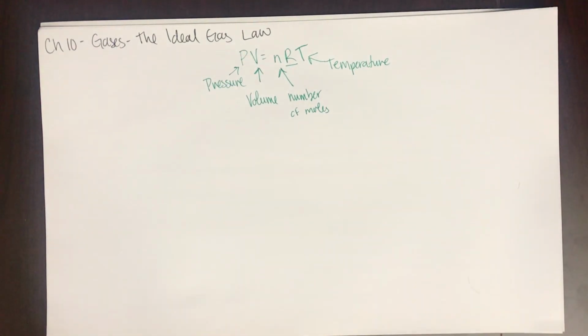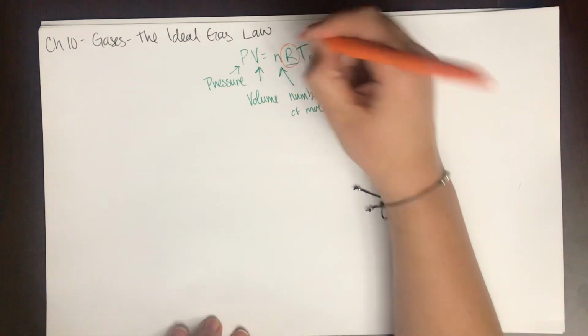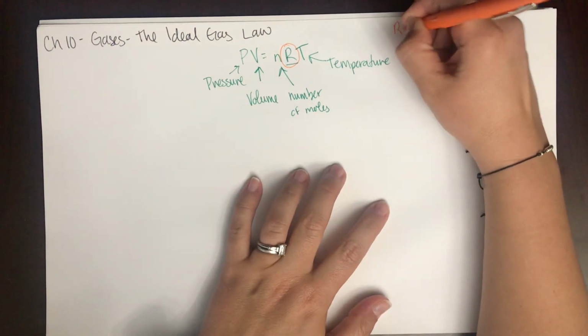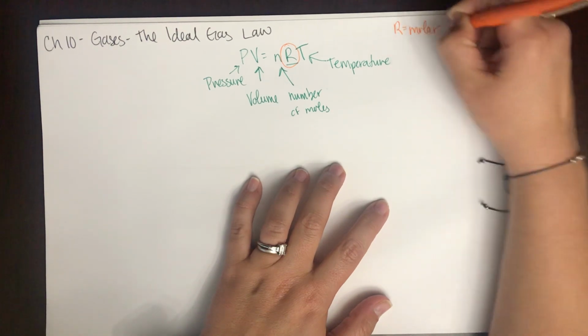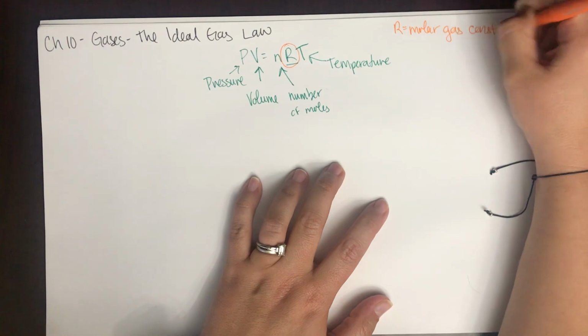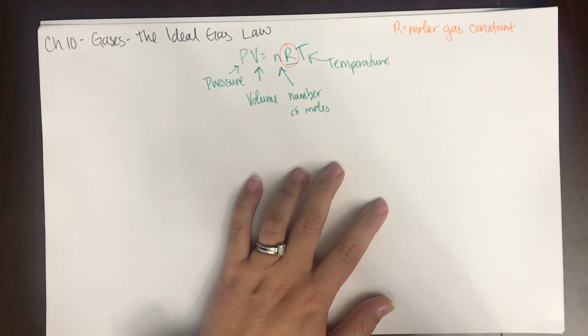So in this ideal gas law, now we have this R. This term in our equation, R, stands for the molar gas constant. Sometimes it's called the ideal gas constant.